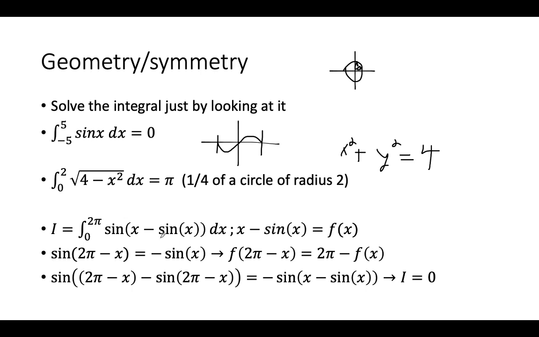So at a point 2 pi minus x, the value of this function is the negative of what the value was at a point x. So again, they exactly cancel out. Let me give it to you graphically. Here is the point x equals a small number. Here's the point 2 pi.